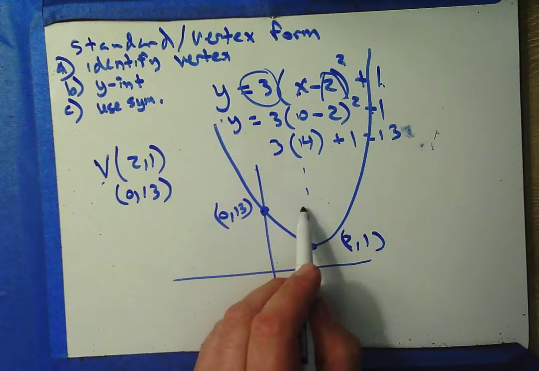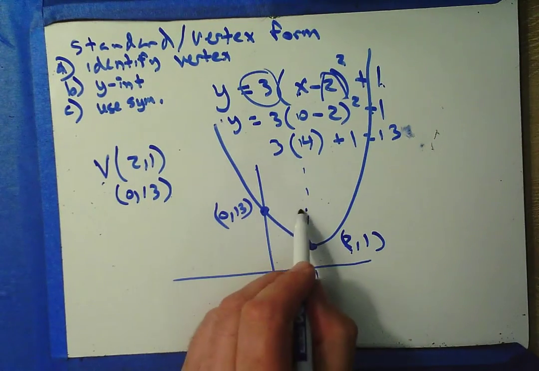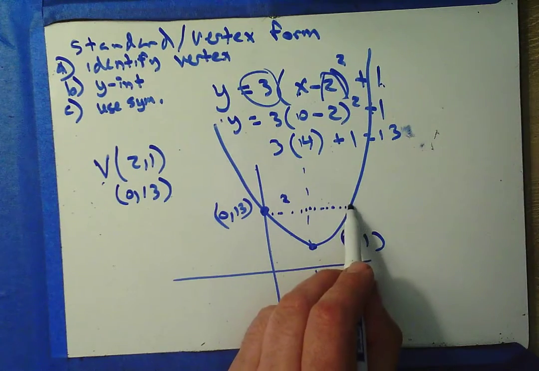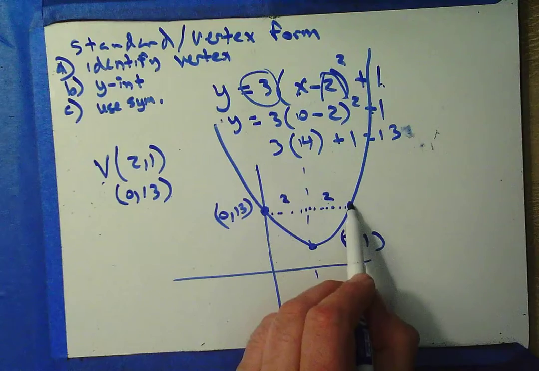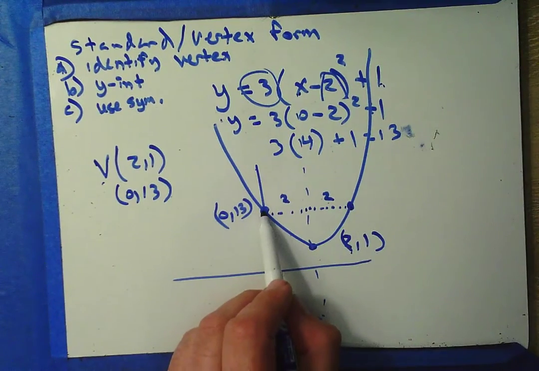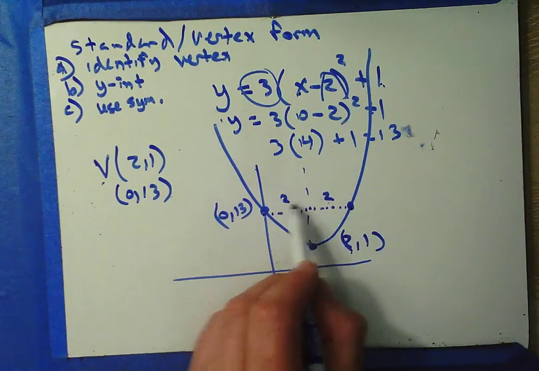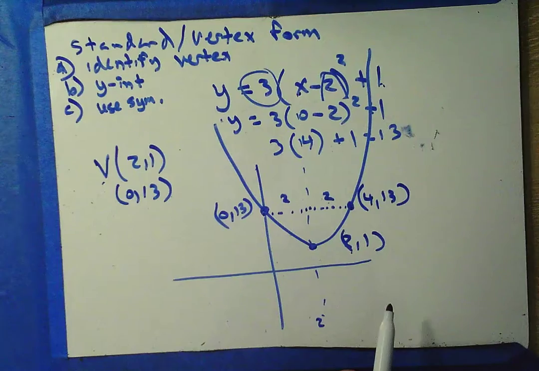How far is it from here to our axis of symmetry? Well, the x value here is 2. This distance is 2. So if I go the same amount further, 2 more, I'll now have the same y value that I did over here at the y-intercept. So my coordinates here will be 2 plus 2, or 4, comma 13. Okie doke. Again, you may want to pause this and finish copying it down before we do the next one.